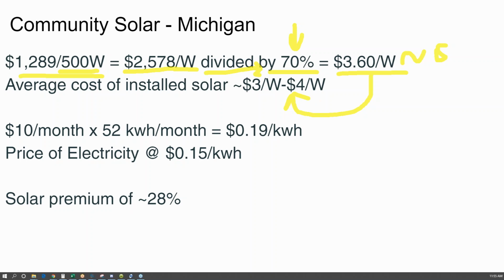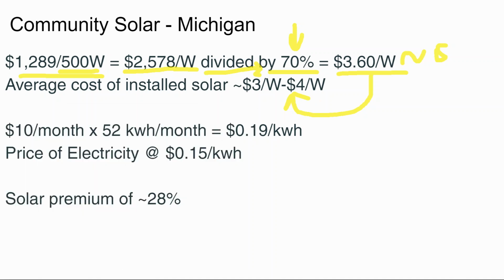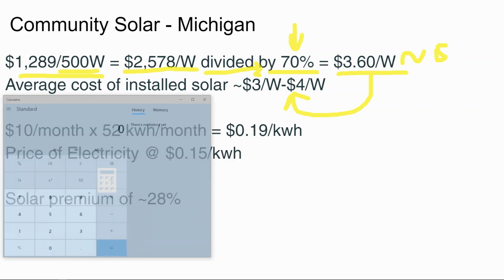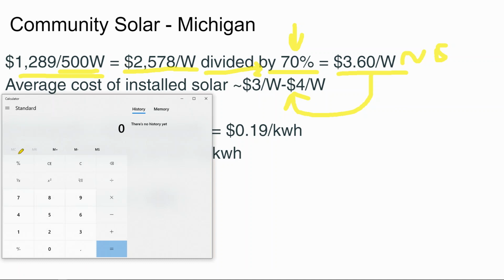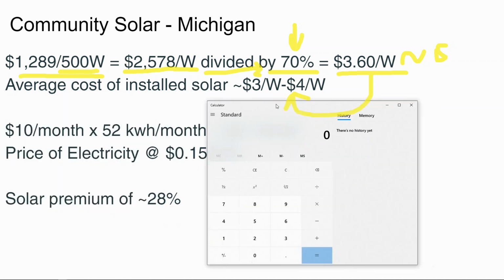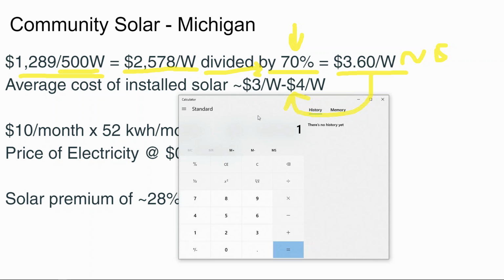I mean, if we look at our, let's bring open our calculator here. If we know that 1 watt of solar in Michigan will produce about 1.3 kilowatt hours of electricity a year, each year a 500-watt block should produce about 650 kilowatt hours.